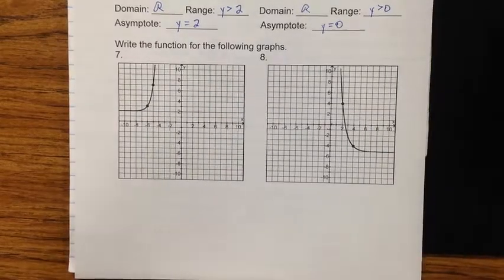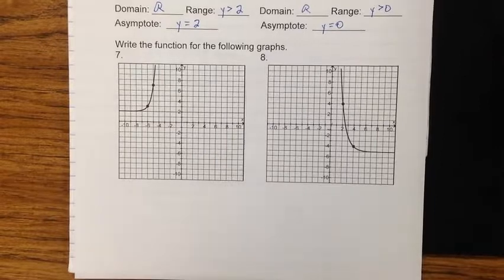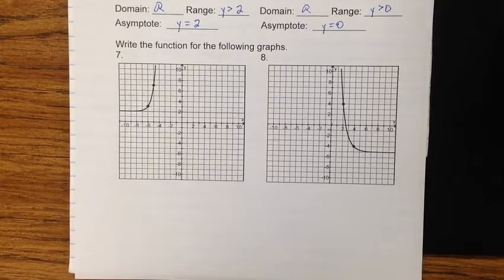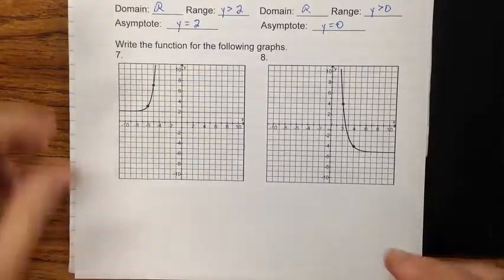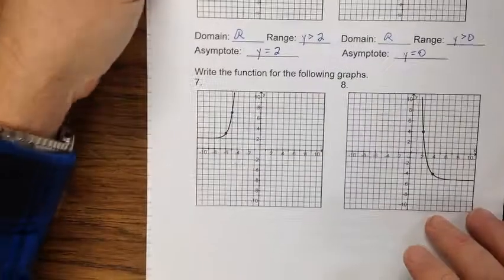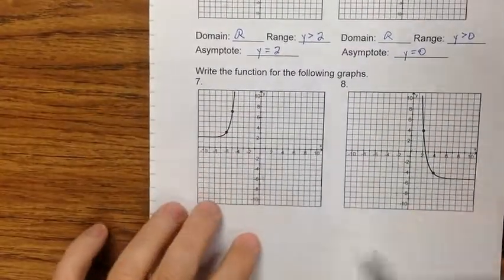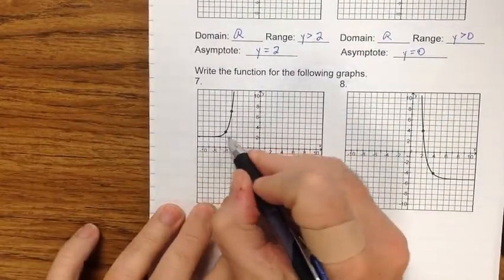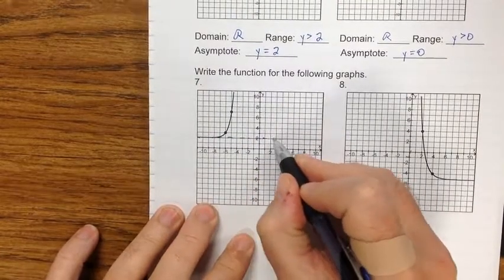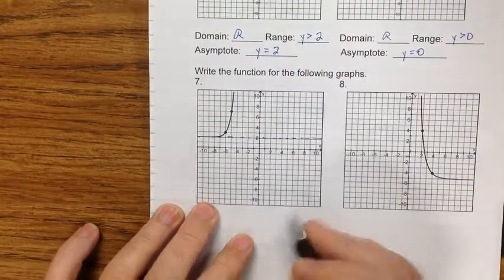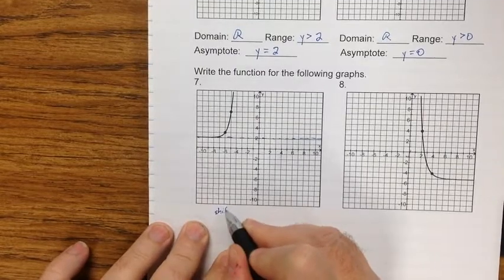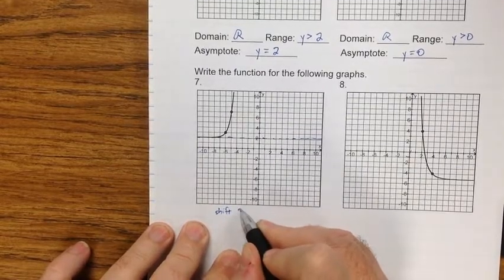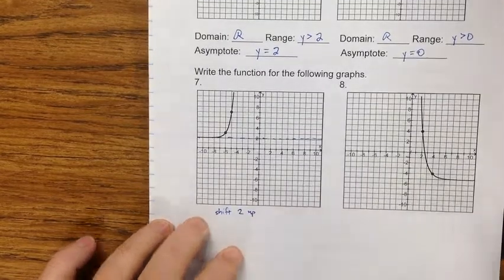All right, these last two problems were reversing things. Now, given the graph, we want to come up with the equation of that function. What I notice on number 7 is that my asymptote is at y equals 2, so I know I have been shifted up 2 spots.